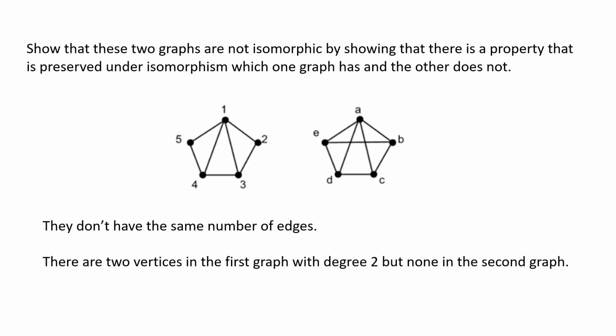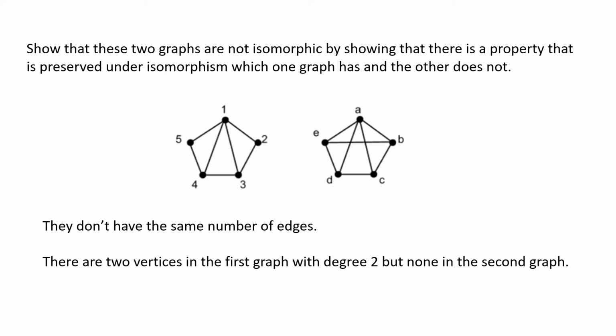Not having the same number of edges is one way you could say that they're not isomorphic. But there's another way too, besides counting edges. We could look at the first graph and say that there are two vertices that have only a degree of 2.